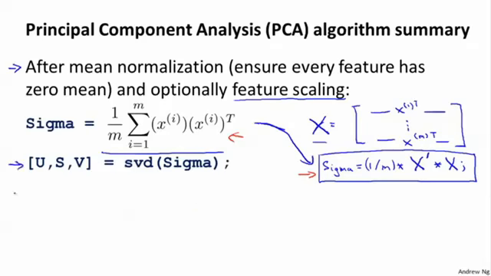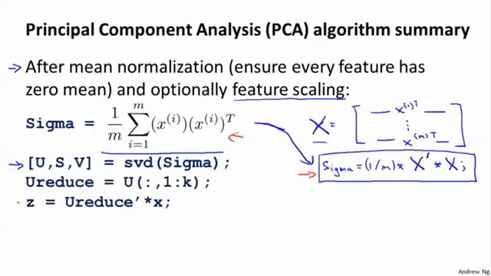Next, we can apply the SVD routine to get U, S, and D, and then we grab the first k columns of the U matrix to get U reduce, and finally this defines how we go from a feature vector X to this reduced dimension representation Z. And similar to k-means, if you're applying PCA, you'd apply this with vectors X in Rn, so this is not done with the x0 equals 1 convention.